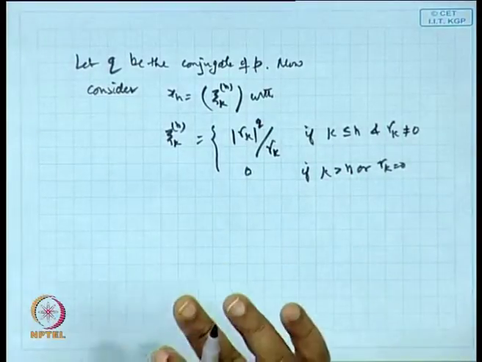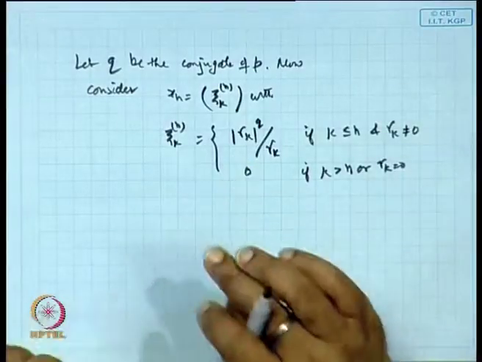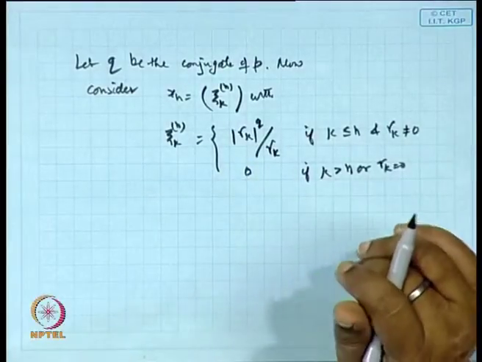Let us define this. We are choosing this sequence x n, clear?